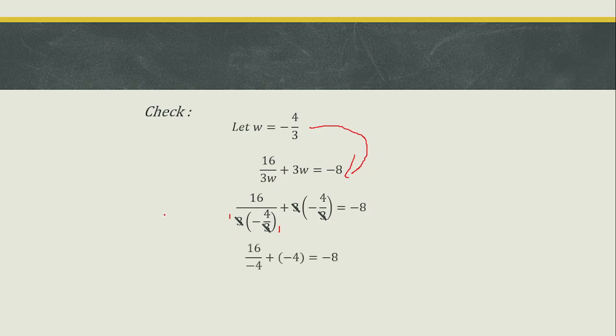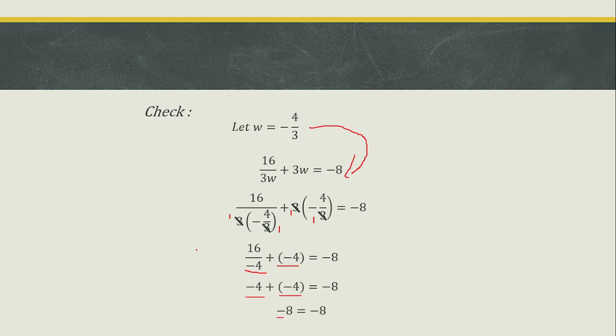So it will be 16 over negative 4 plus 3 times negative 4 thirds. So cancel out lang natin si 3. The remaining term will be 1 times negative 4 divided by positive 1. So the result will be negative 4 is equal to negative 8. So 16 divided by negative 4, the answer is negative 4 plus negative 4.